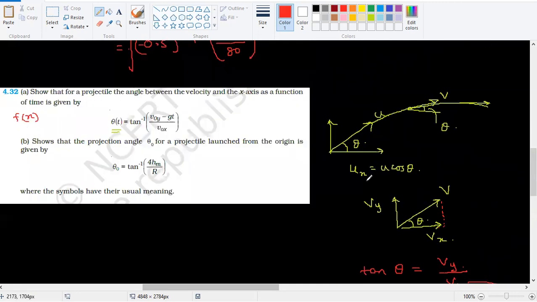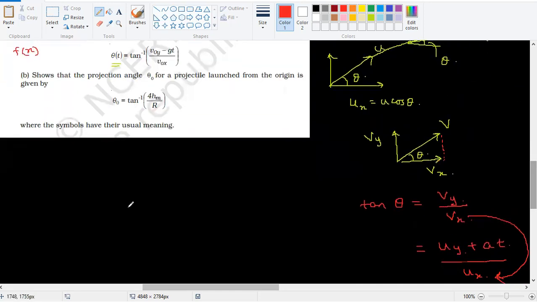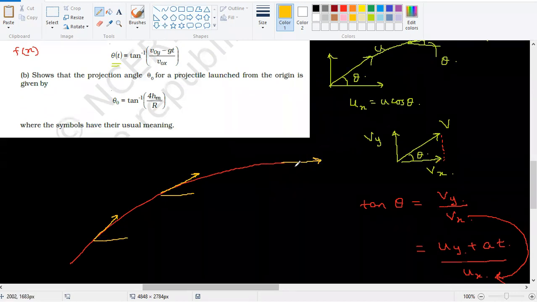Anybody not following? At every point the velocity keeps changing. If I exaggerate this, only the starting point is difficult, so try to understand this. If I take a point over here, velocity direction is this way. If I take a point here, the velocity direction is this way. So at every point the angle keeps changing. If you take the highest point, theta is 0.